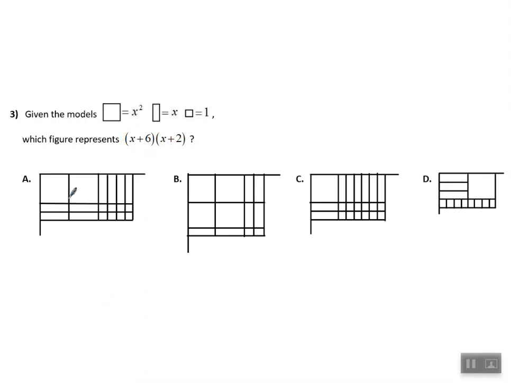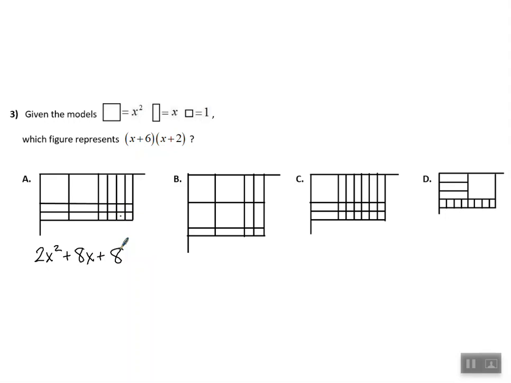A big square is x squared. We have 2 of those, so that's 2x squared. A rectangle is x, so let's count them up. 1, 2, 3, 4, 5, 6, 7, 8. So we have 8 x's. And then each little square is 1, so let's count those. We have 8 little squares, so plus 8.